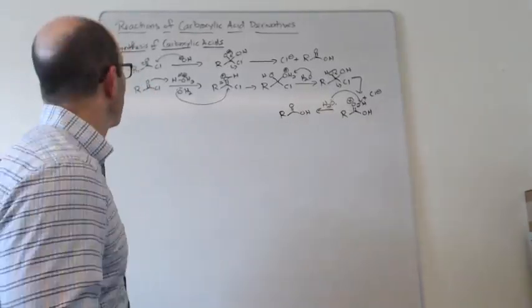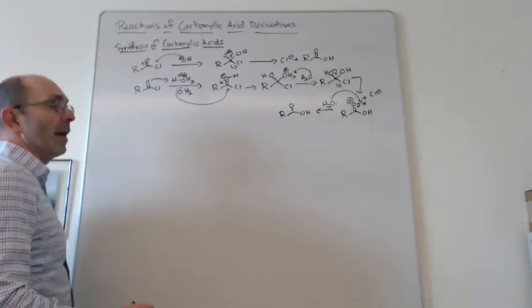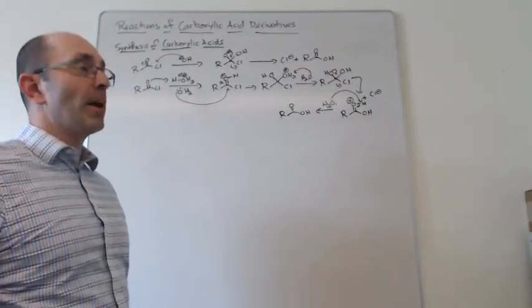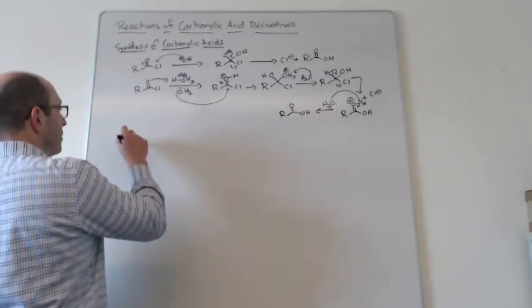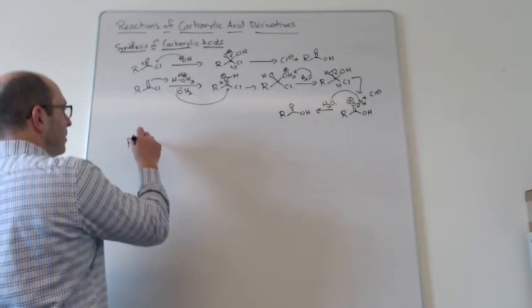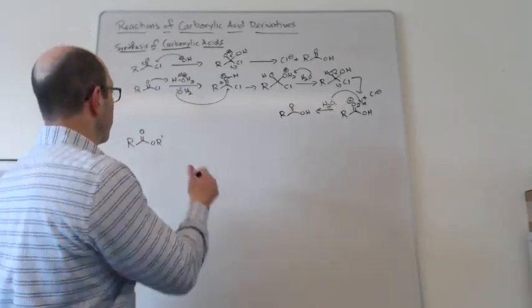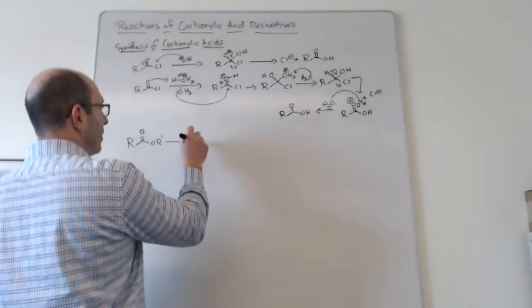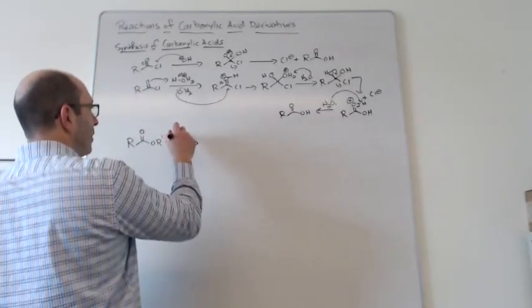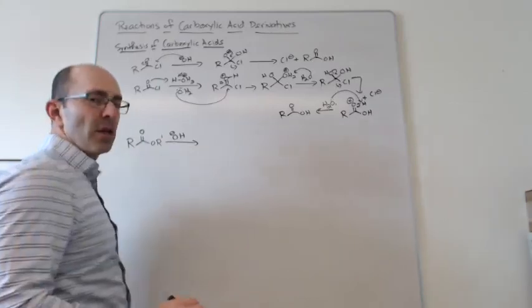Right, so what would it look like if we had an ester? Let's do the ester plus base. That's a very common way to hydrolyze esters. So if you just throw in hydroxide, and again it's usually hydroxide and water, what's going to happen?